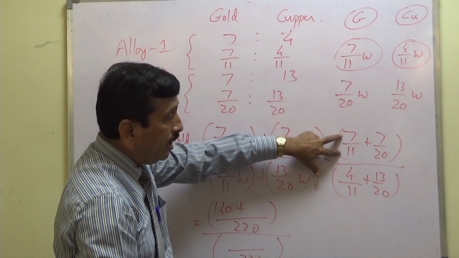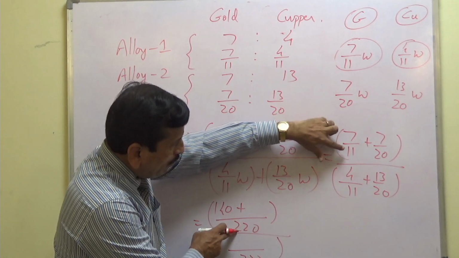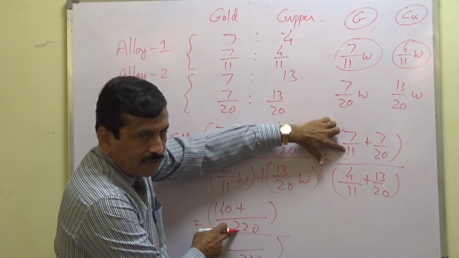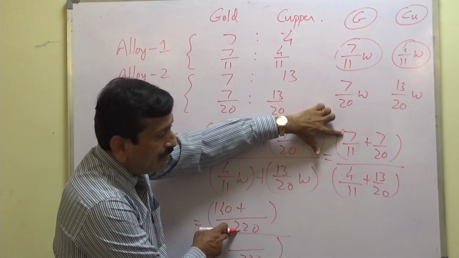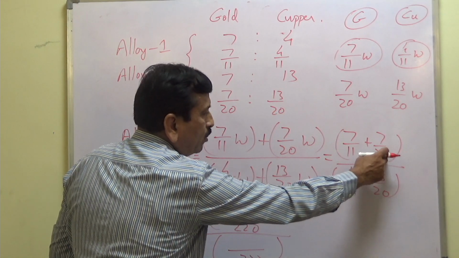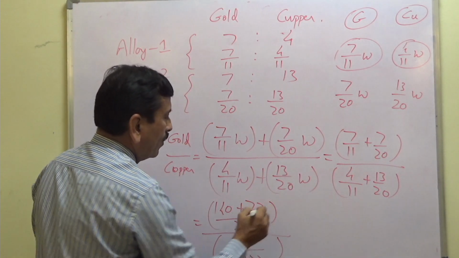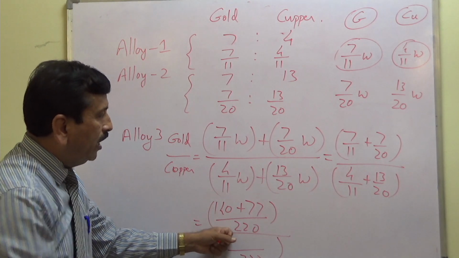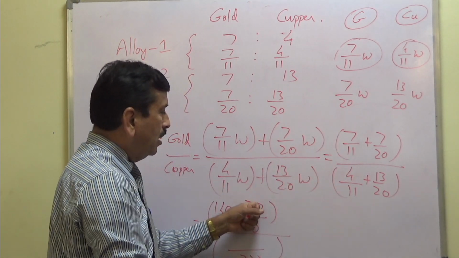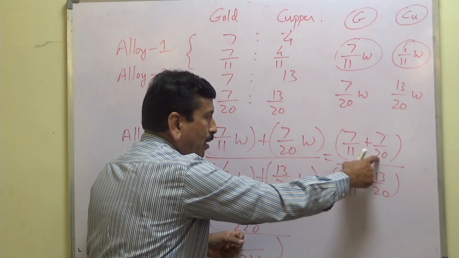How do I get 140? I divide 220 by 11, I get 20, and multiply this by 7. So 20 is multiplied by 7, and 11 is multiplied over here. I'll get 140 upon 220 is 7 by 11. 77 by 220 is 7 by 20.